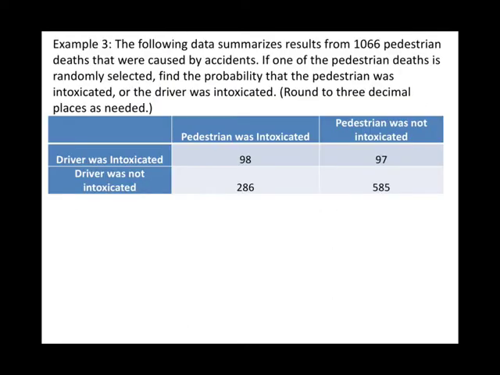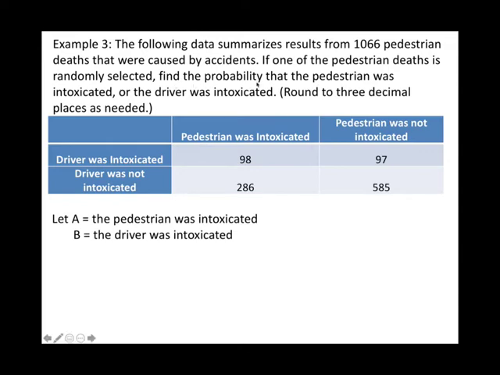Example 3. I want you guys to try to do it by yourself. I already let A equal the pedestrian was intoxicated. B will be the driver was intoxicated. Find the probability that the pedestrian was intoxicated or the driver was intoxicated.